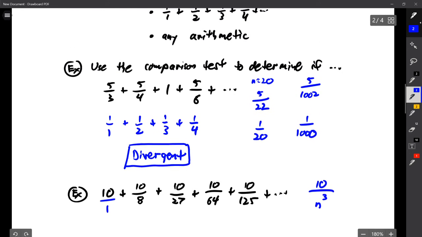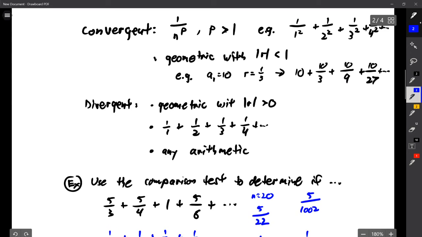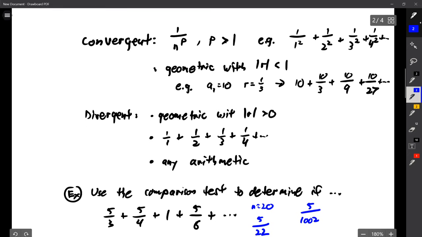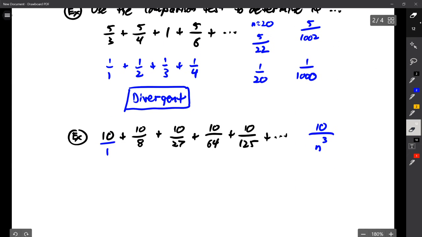Now, when I look at my known convergent series, let's see if there's something I can compare it to. And I see, oh, here I have 1 over n to the p. Let's just say I go with 1 over n squared. So how does 10 over n cubed compare to 1 over n squared?